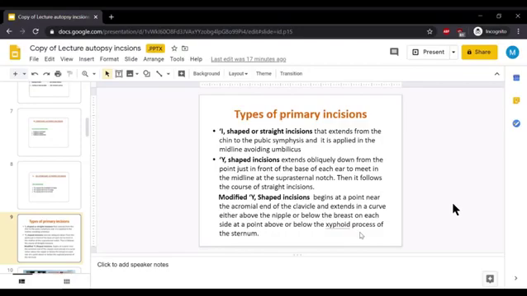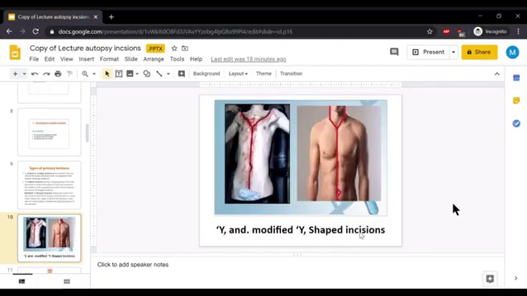This incision is used in females to avoid mutilation of the breasts. So you can see the Y and modified Y-shaped incisions.